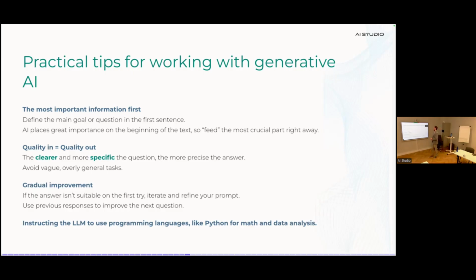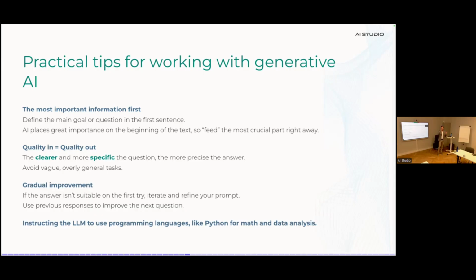Practical tips. The most important information should be at the start of the prompt, because that's how generative AI works. When it gives context, it gives weights to words in relation to each other.